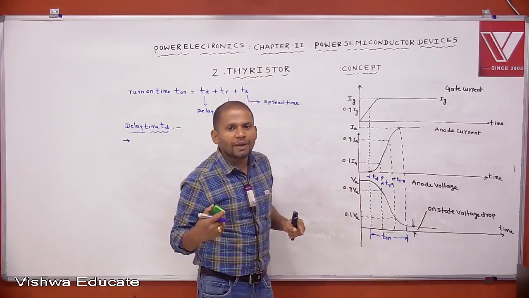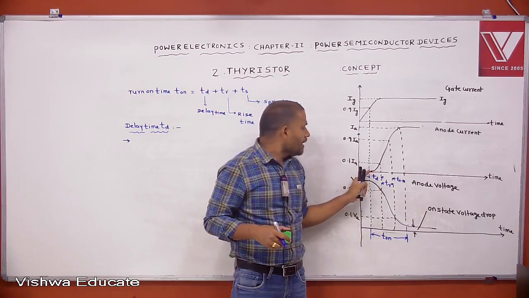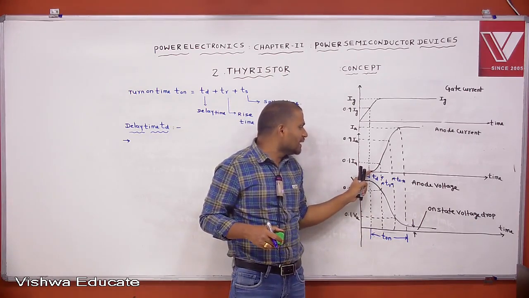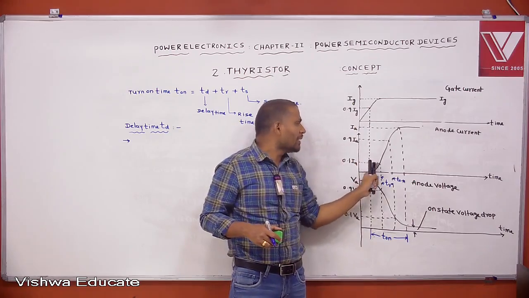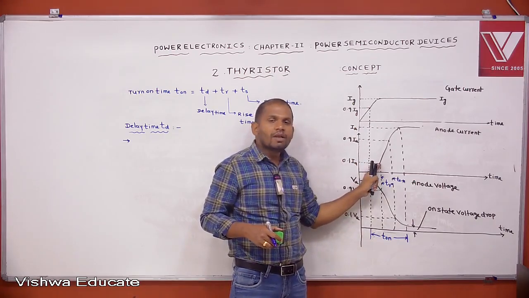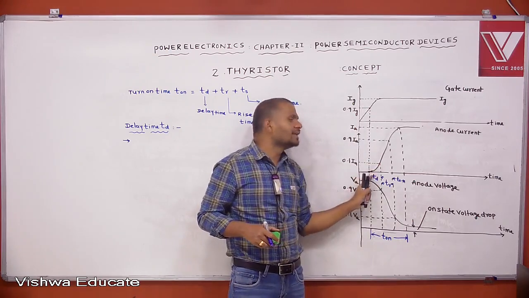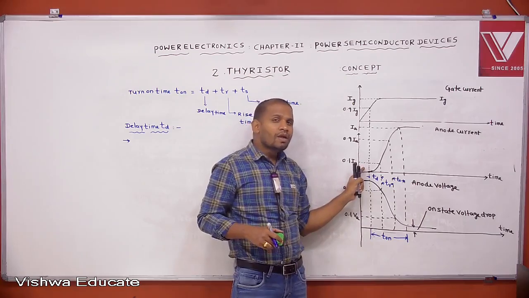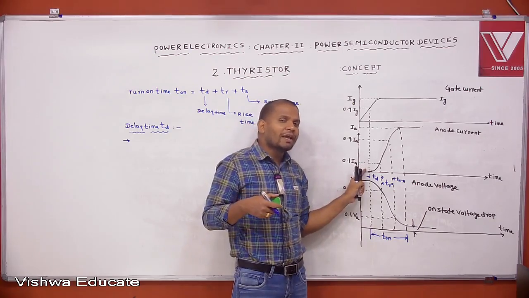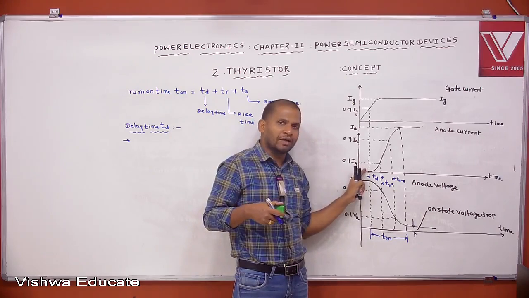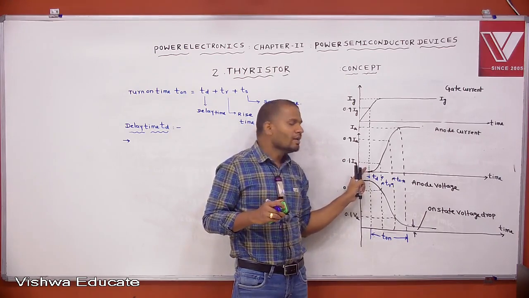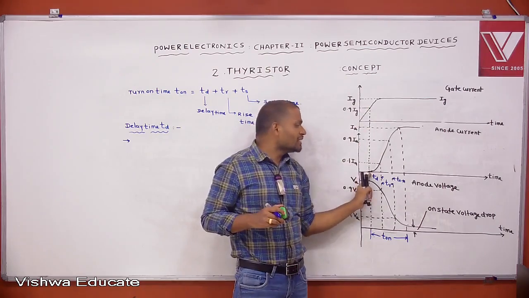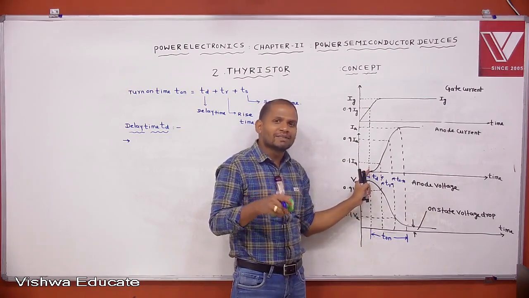Now see, with respect to current, it is the time between the instant of 90% Ig to 10% of Ia. I have taken the reference as gate current, not anode current. If you want to take anode current, the anode current is 0, but that is meaningless. If the gate current reaches 90% of Ig, there must be some anode current, but it is not measurable.